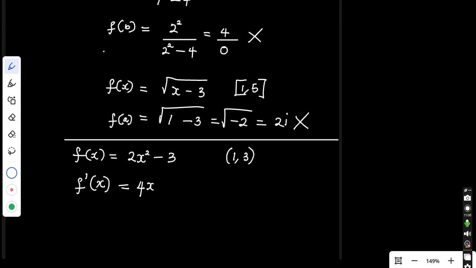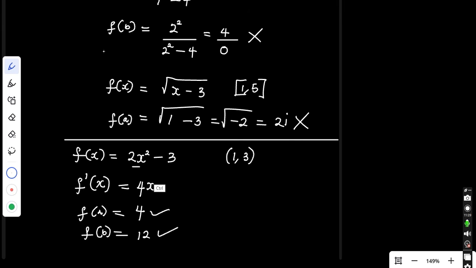If I put in 1 inside here, that is f prime of a, it is going to give me 4. And f prime of b, which is putting in 3 into x, would give me 12. So f prime of a and f prime of b are said to exist. Therefore this function is said to be differentiable on this interval.